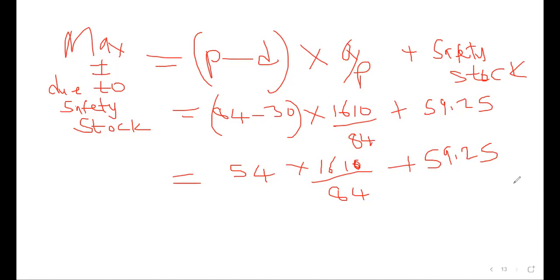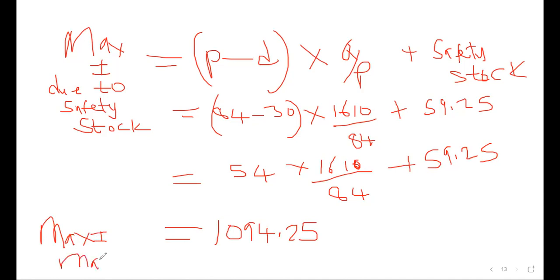So 54 multiplied by 1610 divided by 84, then plus 59.25. This is giving us our maximum inventory, which is 1094.25. So approximately, maximum inventory due to safety is 1094 copies.